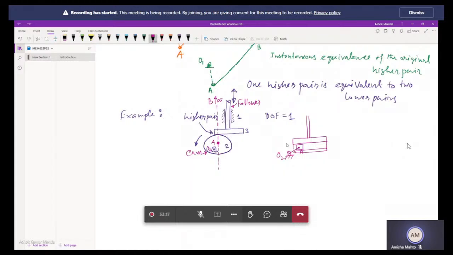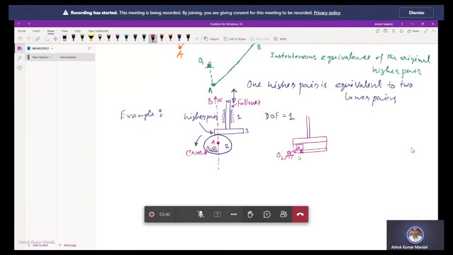Because the other point is at infinity, this motion is a sliding motion.